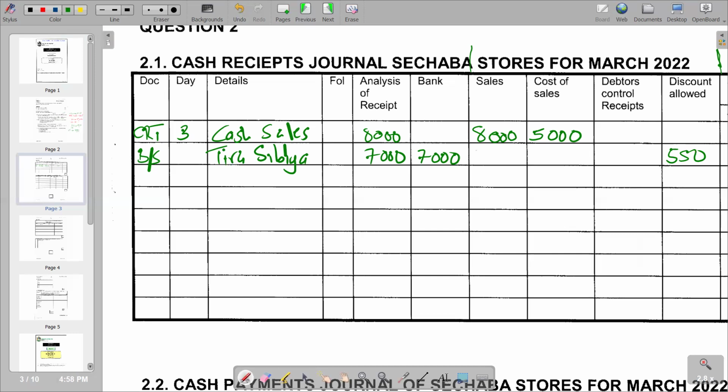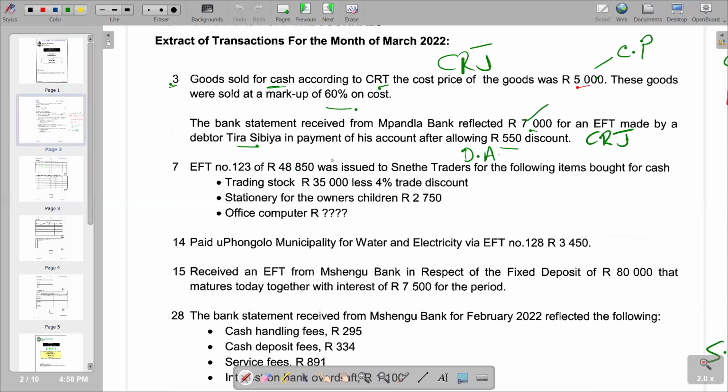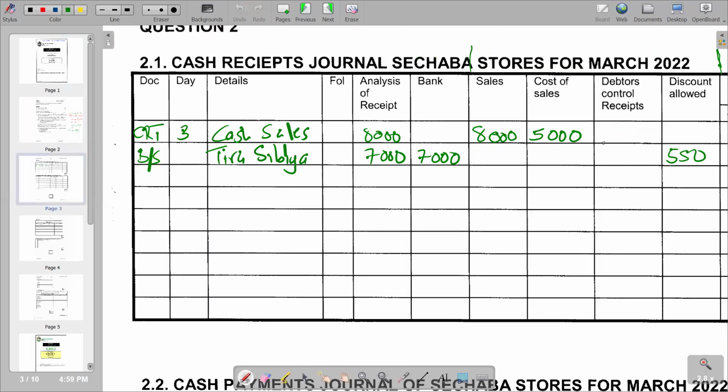So if you go back there, you'd see that this description that we are given is that it was in payment of his account. So basically, we are not going to put under sales, but we have got a column for debtors control receipts. So we can go there and put our 7,000 in the column for debtors control receipts, which is this one. So we're going to put our 7,000 in this column. So basically, that's what we have on that transaction.